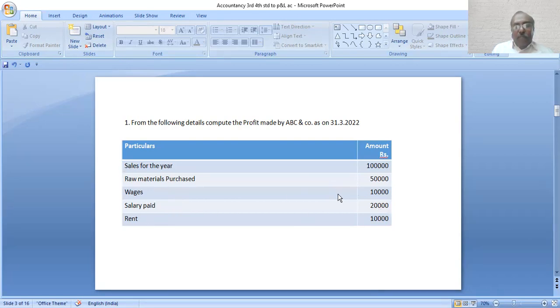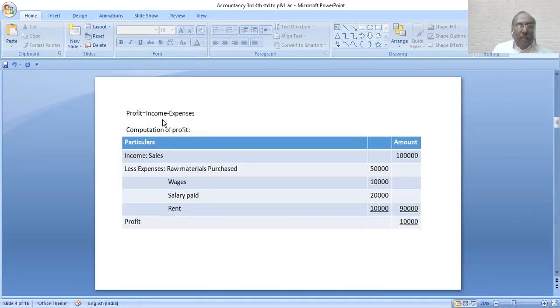Sales is income, but raw material purchased, wages, salary paid and rent paid are all expenses. So in third standard, we have one workout: income minus expense is equal to profit.